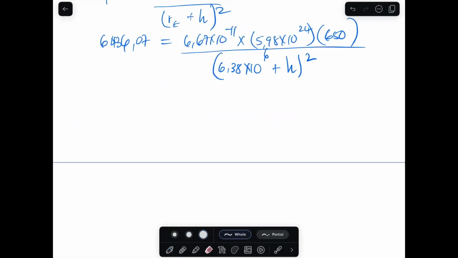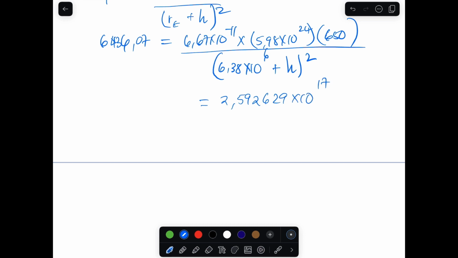What you do, guys, you punch in the calculator 650 times 6.67 times 10 to the power negative 11 times 5.98 times 10 to the power 24. The answer is 2.592629 times 10 to the power 17.